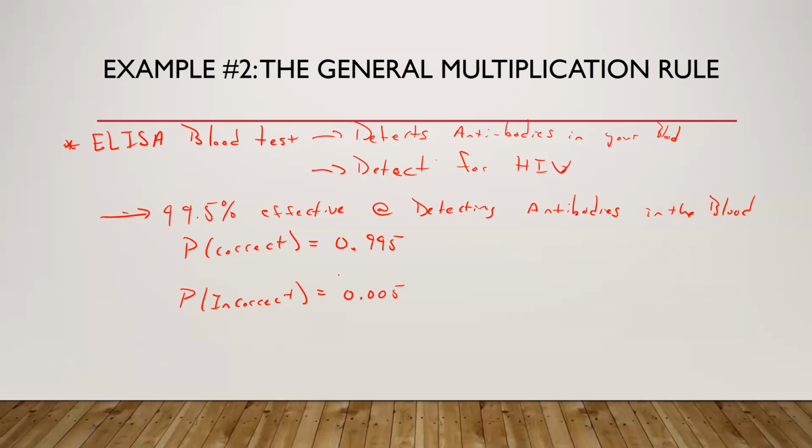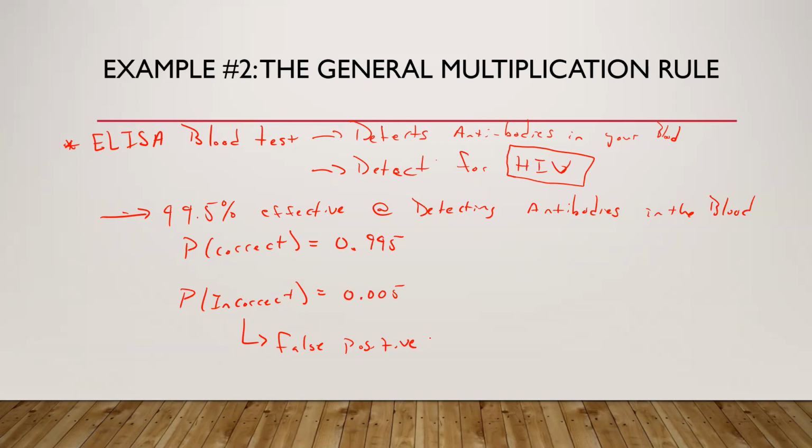Just so we're clear, what incorrect means in this case is a false positive. So imagine you're taking this blood test to get detected for HIV. What would be a false positive if you're taking this test for HIV?